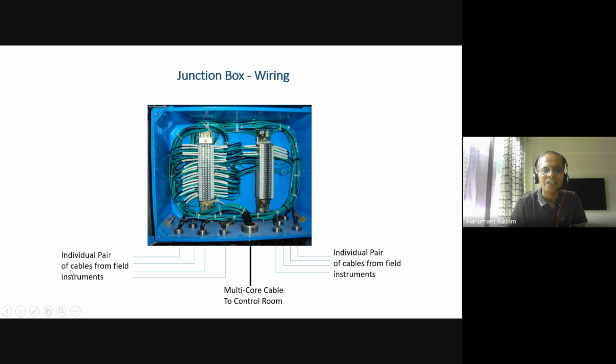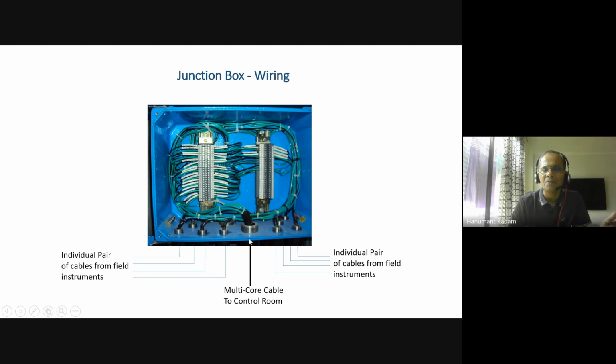So you can see individual pairs of cables from the field, this one, this one, from various transmitters. These pairs are coming here, and also individual outputs. You can see an individual pair of cable from the field instruments, output, input, whatever. It is difficult to identify, but normally one side is input, another side is output.